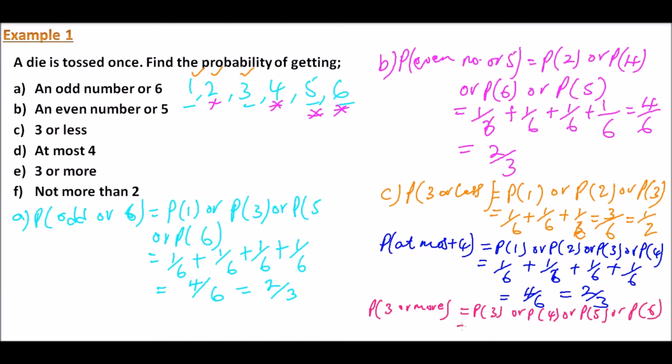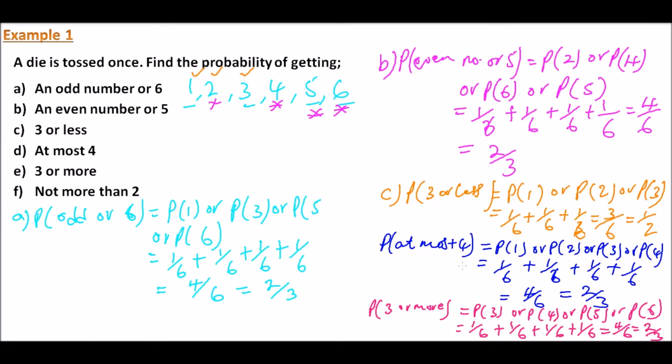So when you work it out, this is 1 over 6 plus 1 over 6 plus 1 over 6 plus 1 over 6, which should give you 4 over 6, and that should give you 2 over 3. That is the probability of getting 3 or more.